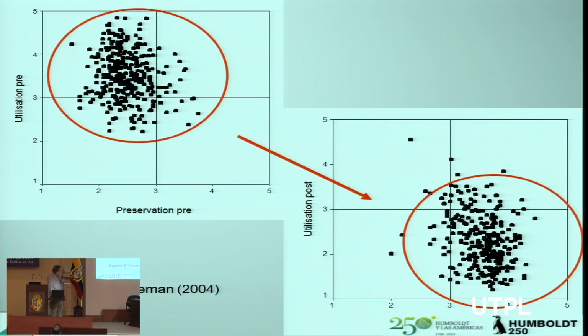And luckily we found this result. That means these kids were much more aware after the one week intervention about preservation, and they were more critical about utilization. But I have to warn you, we did about 30 PhD works. This was the extreme. Normally you don't have such a wonderful picture.